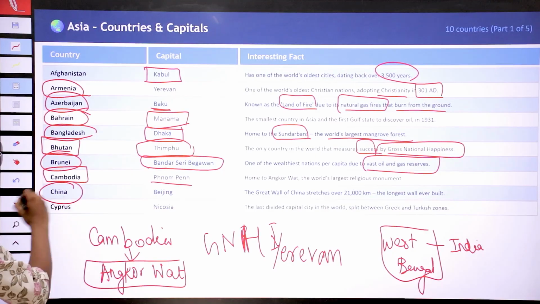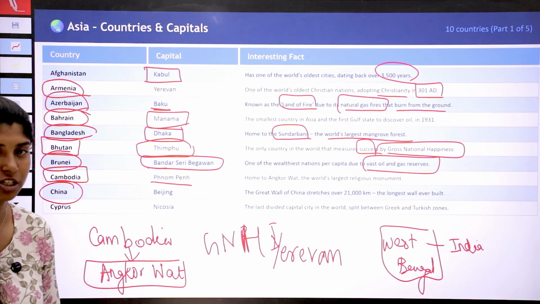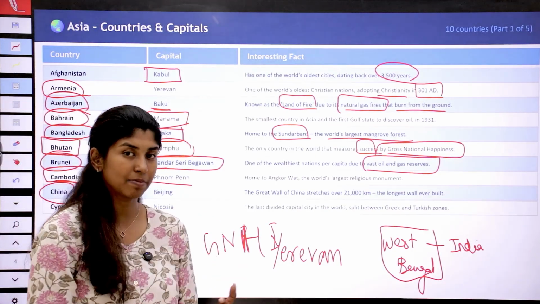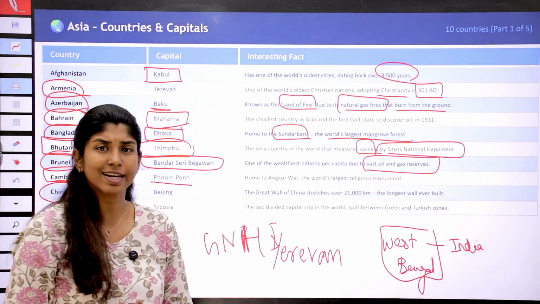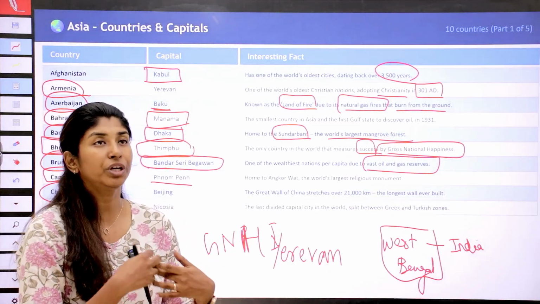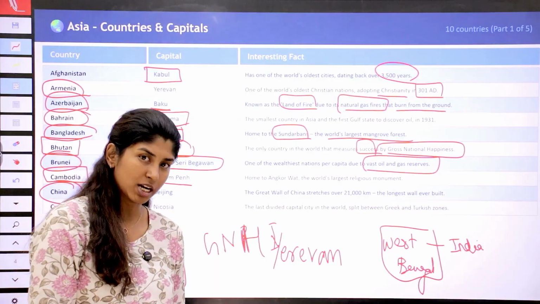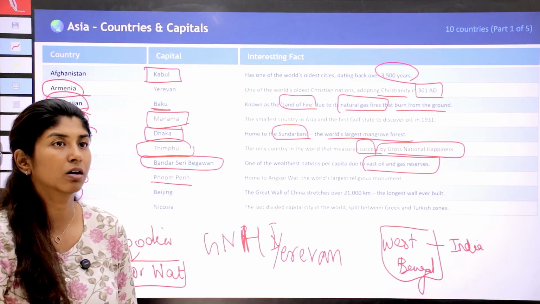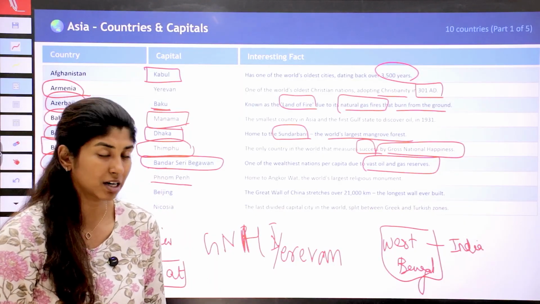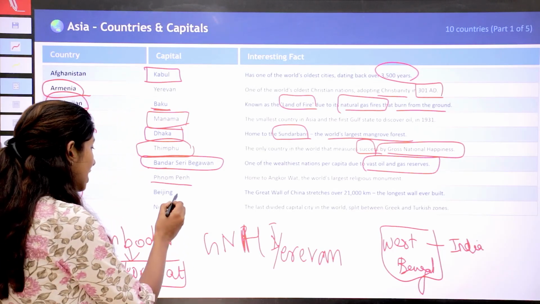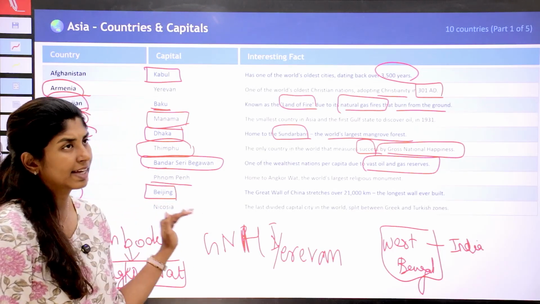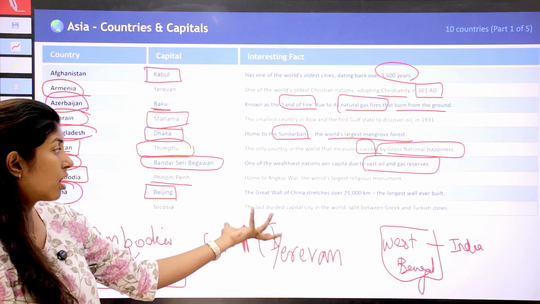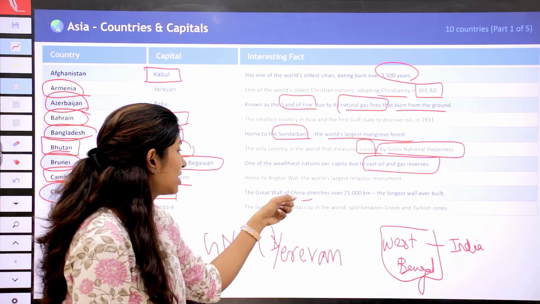Next, we have China, and we know a lot of things about China. They are our neighbors. At the same time, it is one of the largest economies in the world. We also use a lot of made-in-China products, and that's how big their market is. Beijing is the capital of China. But you have to know about the Great Wall of China.